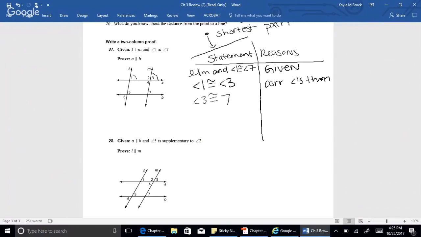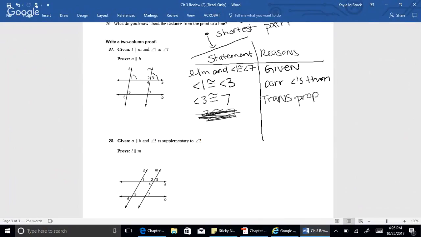So we saw 1 to 7 and then 1 to 3, and now we're saying 3 to 7. What you can see is that we eliminated the 1 here. Whenever we do that, you're going to have to memorize that that's the transitive property, okay?